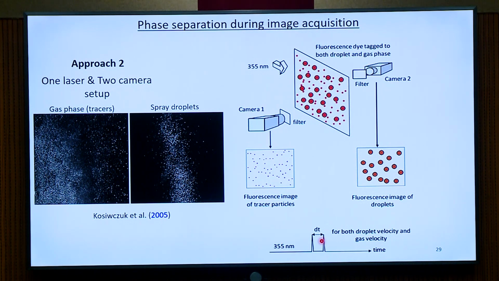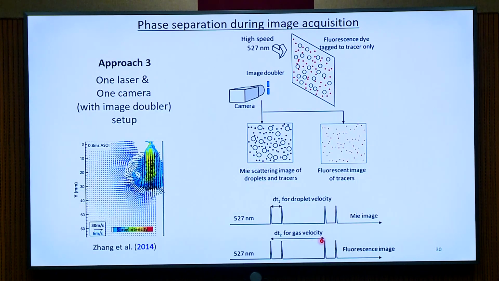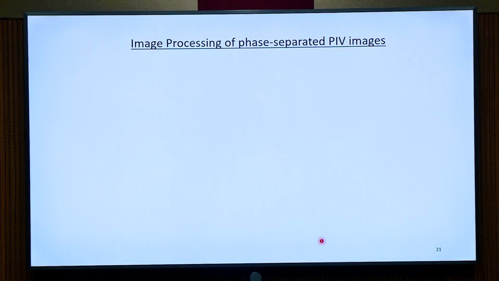If you use a delay time to capture the droplets, the droplets would move by that time, but the tracer particles wouldn't move. They will be stationary. So how would you measure the velocity? Okay. So to avoid this, other approaches are also there. I'll just give you a flavor of what other people have done.